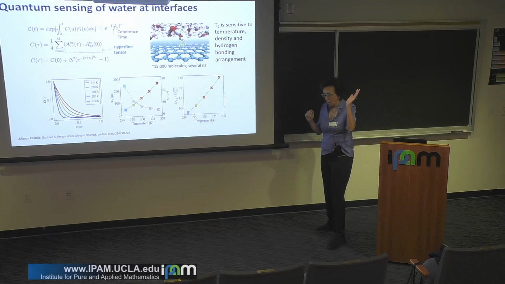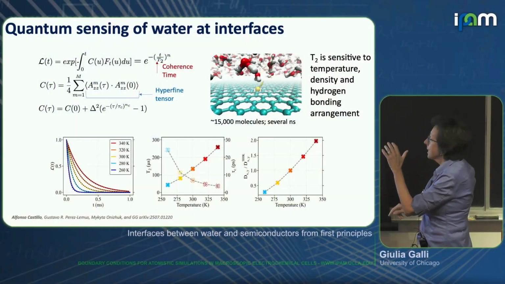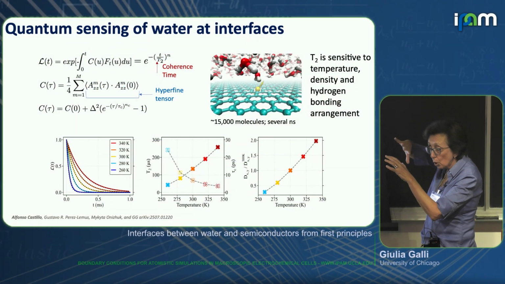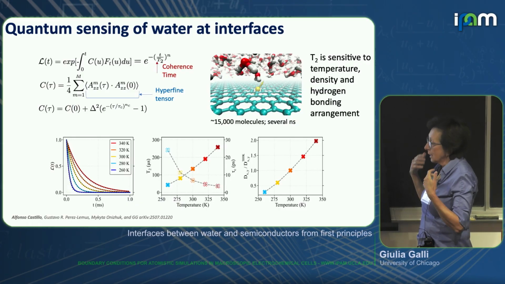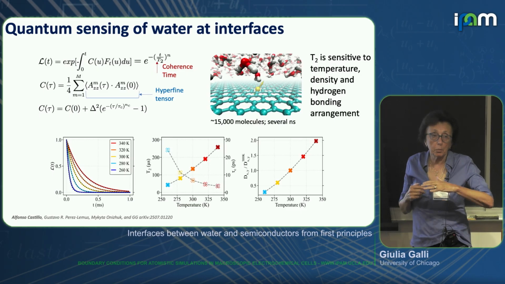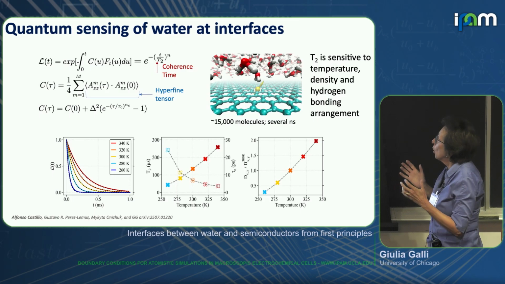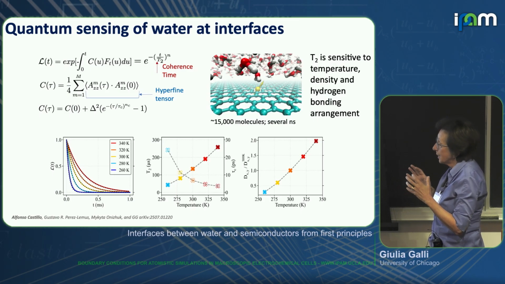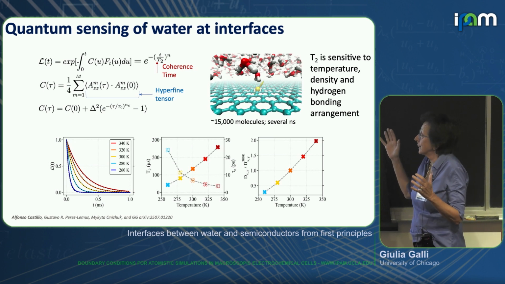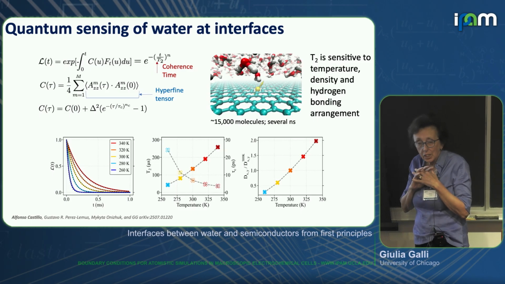And if you measure a coherence time, how long it stays there, this T2 over there, and if your coherence time is sensitive to the proton at the interface and to the molecule at the interface, you can do nano NMR. And you have a probe that is, in principle, if the sensitivity is good, better than anything else, in the sense that to really probe the structure of the interface experimentally is incredibly difficult.